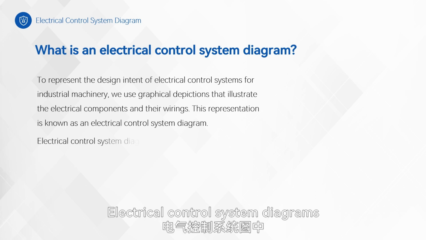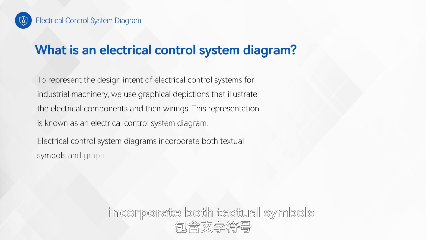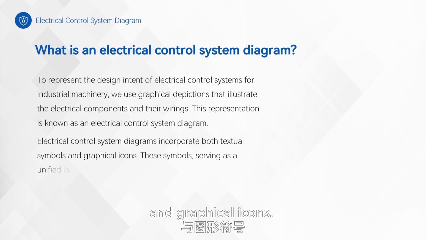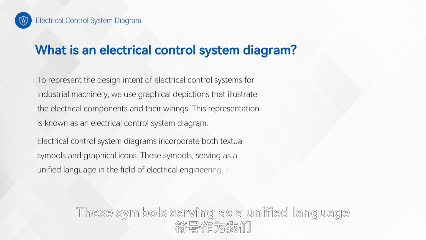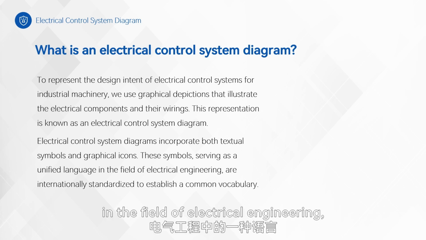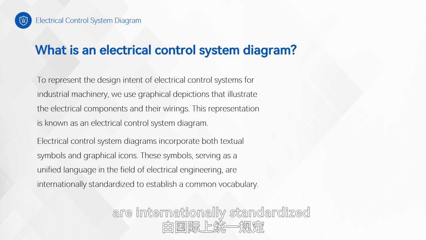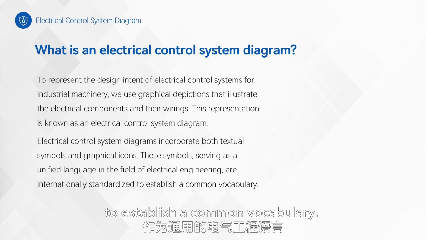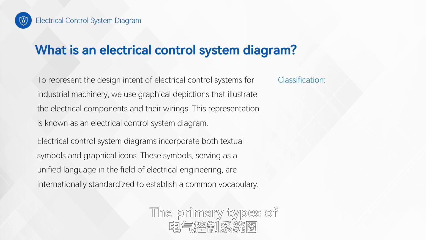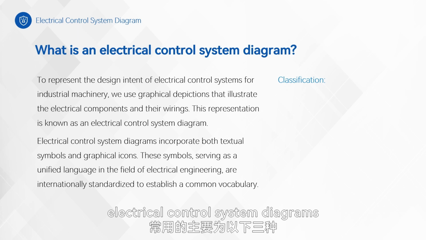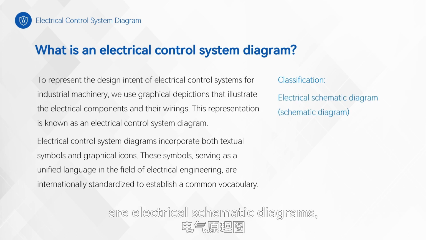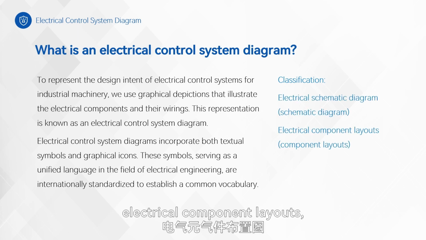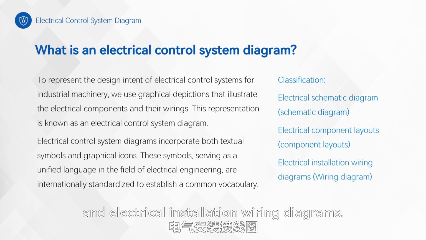Electrical control system diagrams incorporate both textual symbols and graphical icons. These symbols, serving as a unified language in the field of electrical engineering, are internationally standardized to establish a common vocabulary. The primary types of electrical control system diagrams are electrical schematic diagrams, electrical component layouts, and electrical installation wiring diagrams.